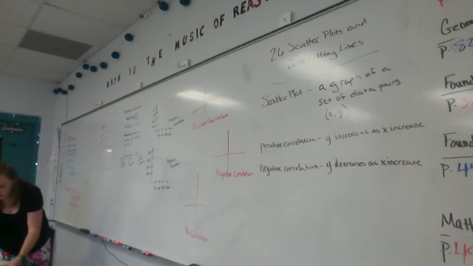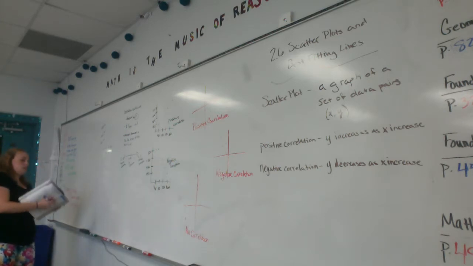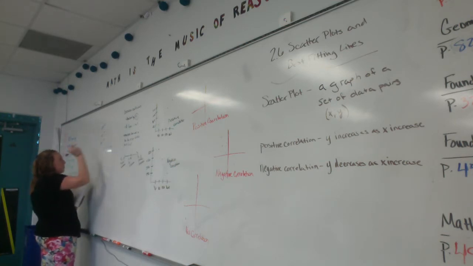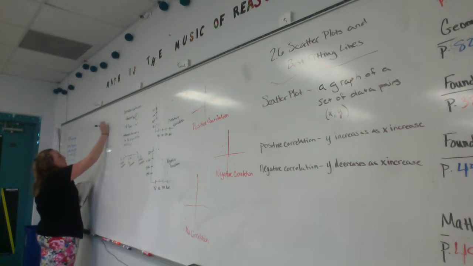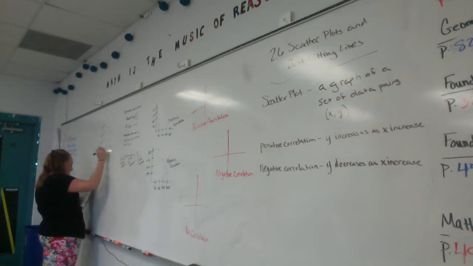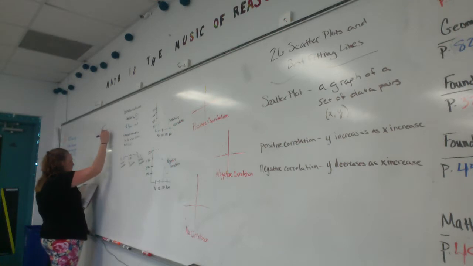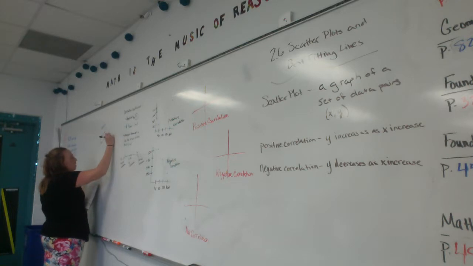And I have data points at 175-ish, and here, and then I have it at 2, so let's move these over a little bit. And then I have one here, and here, and one around here, one up here, and one here and here, and one here and here.